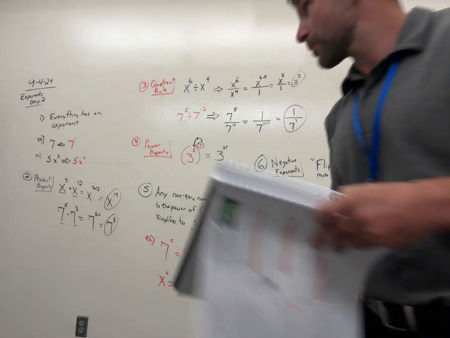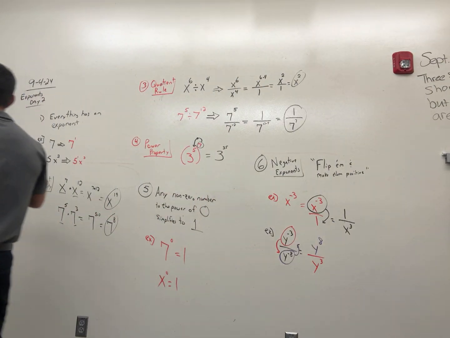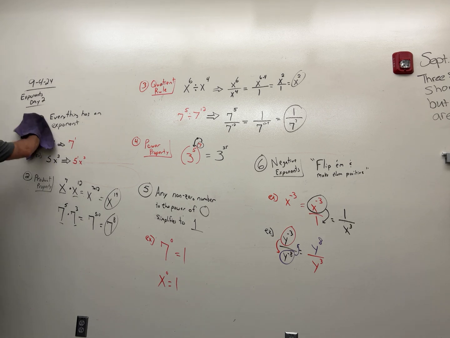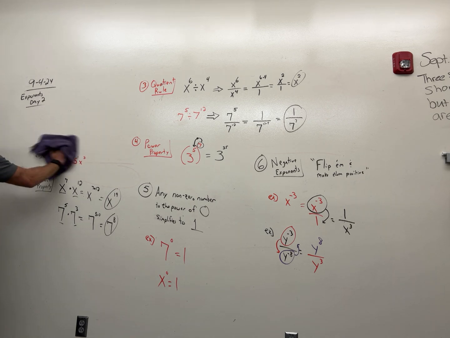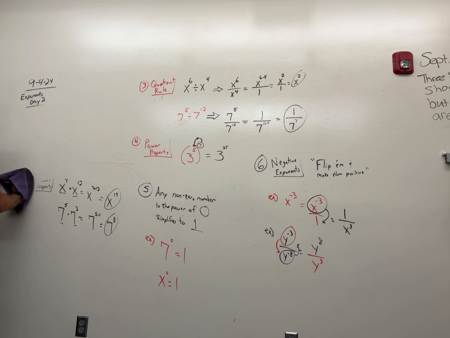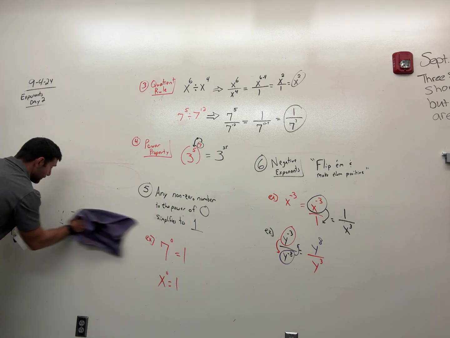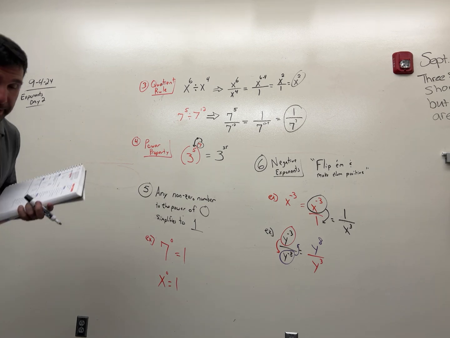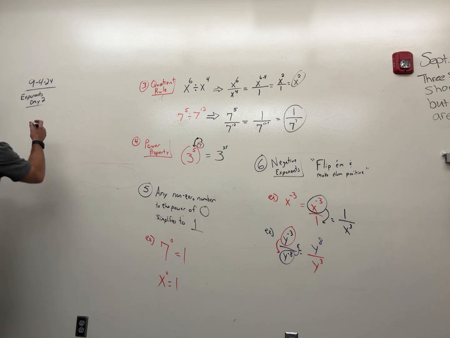So here's the first question. For number 17, negative 12 to the third power, parenthesis, negative 12 to the second power.